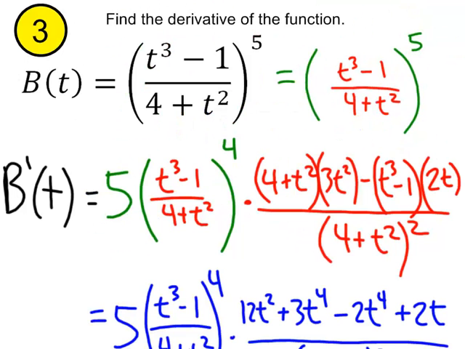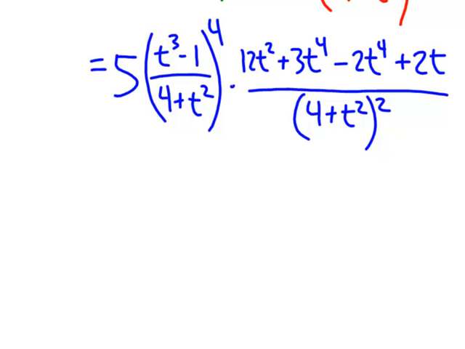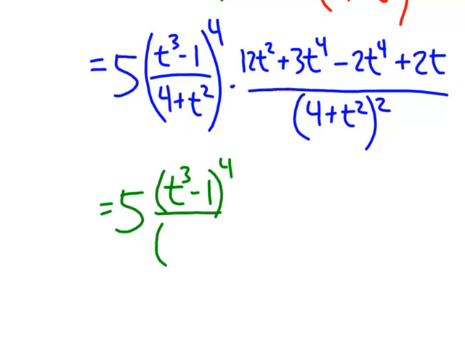Let's clean up a little further. And I'm anticipating something up ahead. I'm noticing that this denominator here is the same as this here. So I'm going to separate what's going on here. Watch how I do this. Rather than try to explain it, let me just show you. I'm going to separate that into t cubed minus 1 to the 4th power over 4 plus t squared to the 4th power.